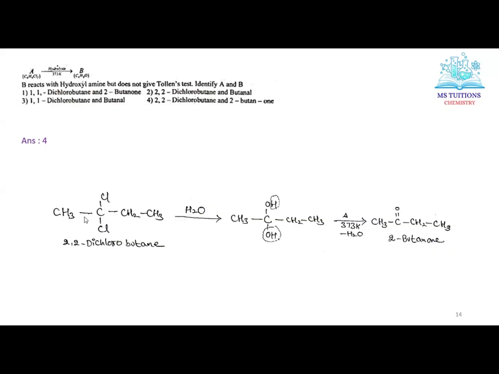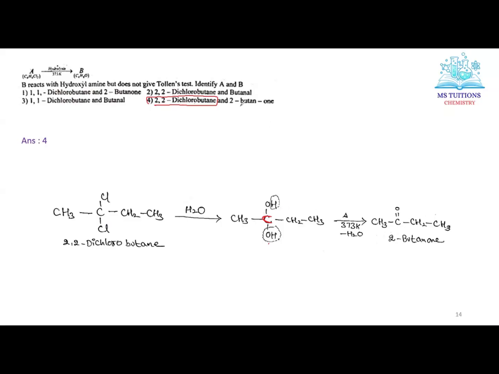First, A I have taken like this: 2,2-dichlorobutane. Whenever it undergoes hydrolysis at 100 degrees Celsius, two chlorines will be replaced by two OH groups. If two OH groups are present on the same carbon atom, then on heating H2O goes out, so automatically C double bond O will come.